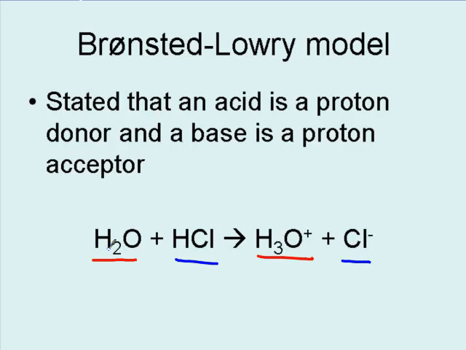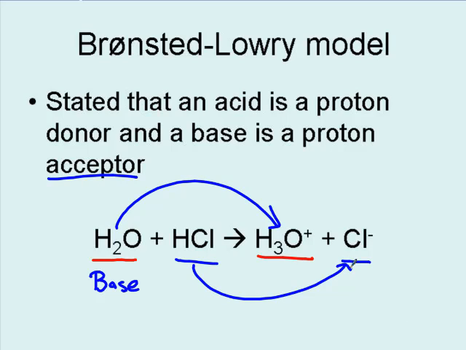So when we go from H2O to H3O+, notice that to go from here to here, it had to have gained a hydrogen. So this would be the base, because it was a proton acceptor. While HCl, to go from here to here, lost a hydrogen. Therefore, it would be the acid of the pair.